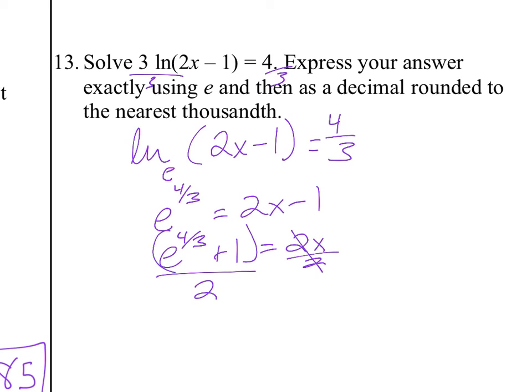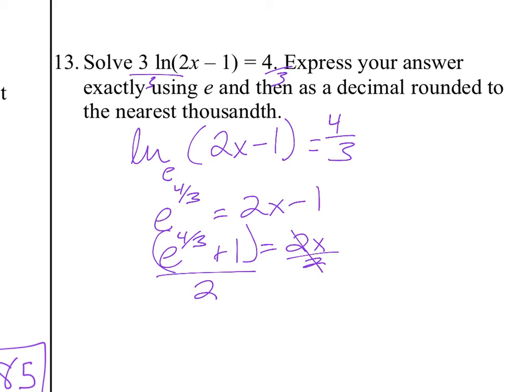Now remember, I'm dividing this whole thing, so I'm going to put parentheses around it. So I have parentheses, second natural log gives me e to the x, 4 divided by 3, arrow to get out of the exponent, plus 1, close the parentheses, divided by 2.